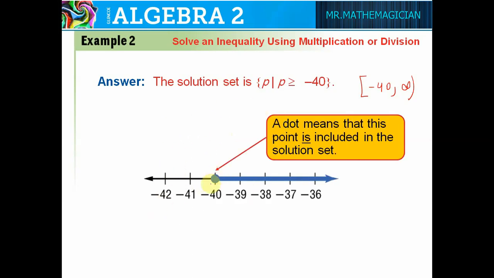It's not a circle anymore. It's a closed dot, as you can see, to show that negative 40 has the or equal sign, meaning negative 40 itself is included, and we make an arrow to the right to denote bigger than negative 40. So a dot means that this point is included in the solution set.